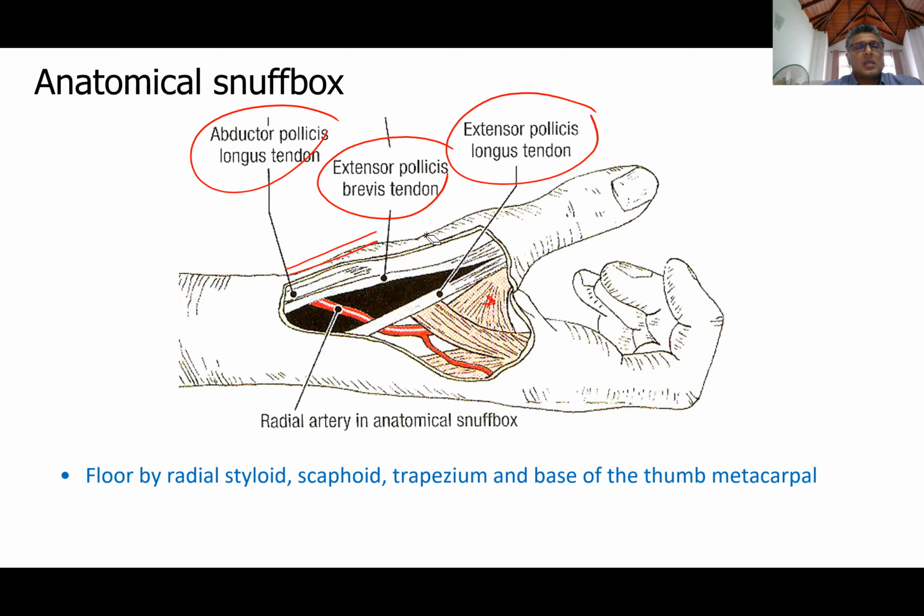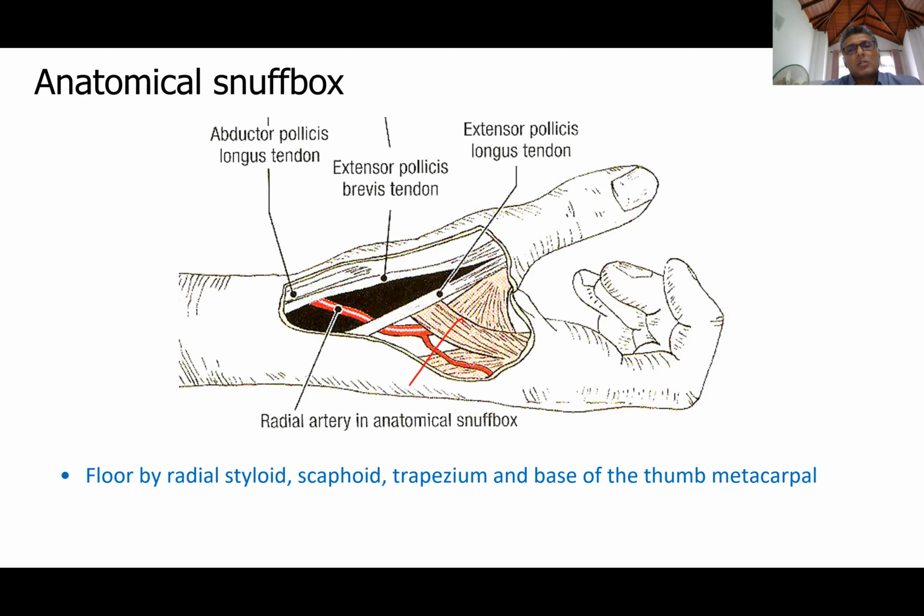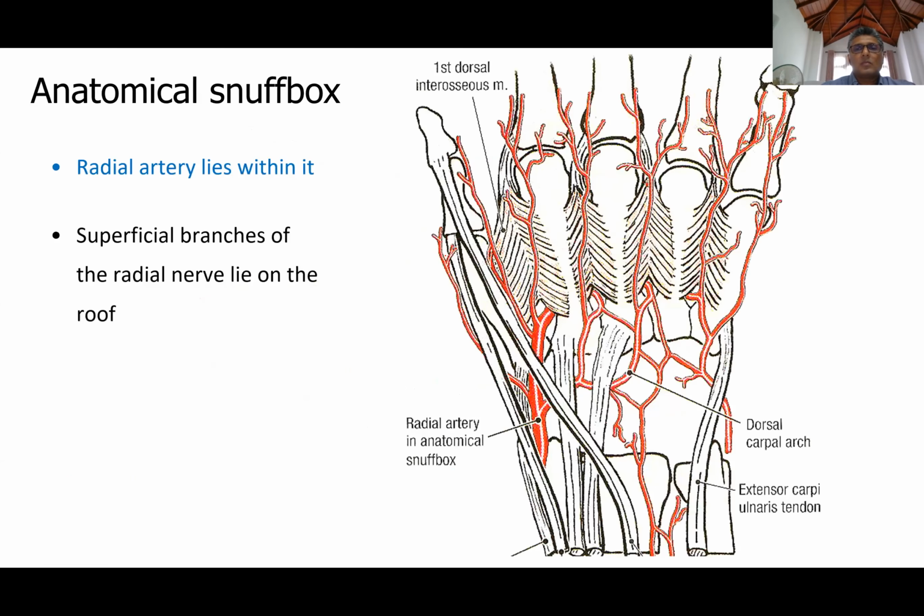Then superficially on the roof of the anatomical snuff box, you can get branches of the superficial branch of the radial artery, which are coming to supply the skin of that area. You can also have the cephalic vein starting from the dorsal venous arch in that area. This is to show you the radial artery entering the palm again.